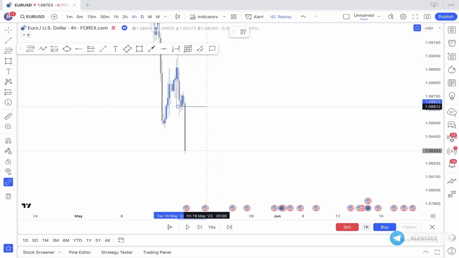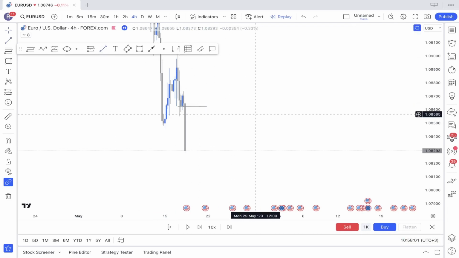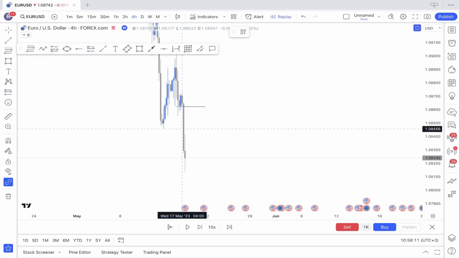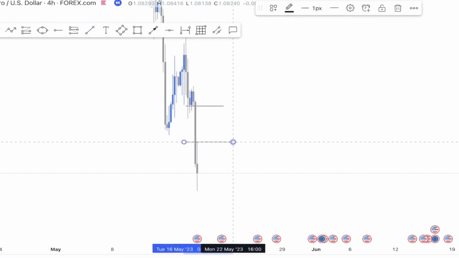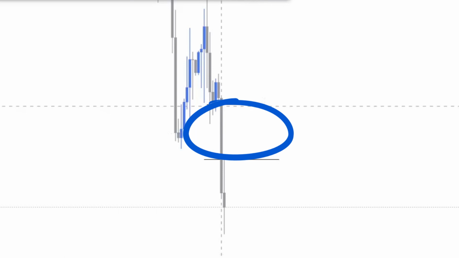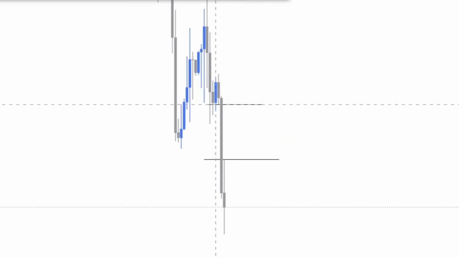And we said that if the low of the first candle doesn't overlap with the high of the third candle, that's a fair value gap. Check this out. This is the high of the third candle. And the zone in between is the fair value gap. Why? Because these two wicks aren't touching.